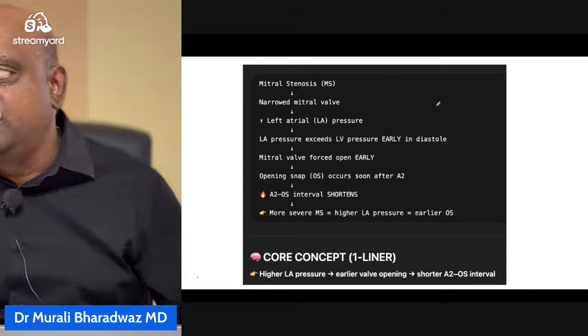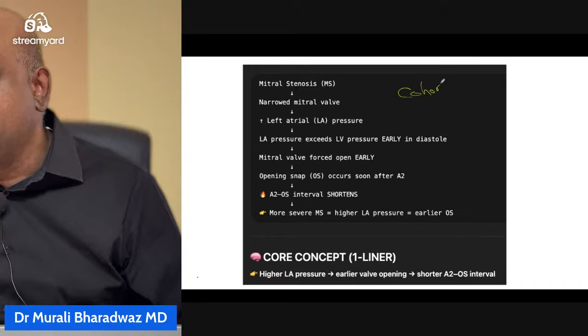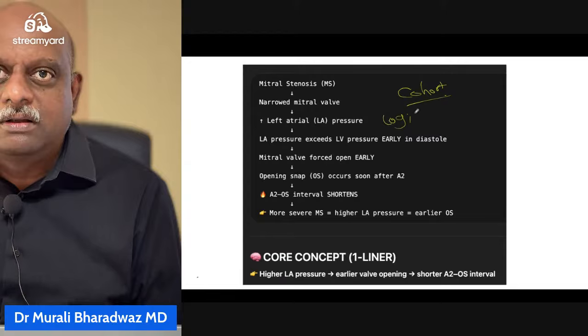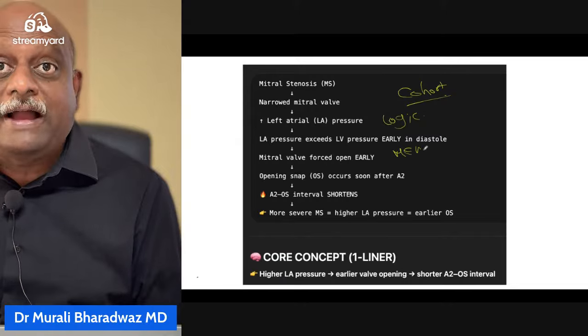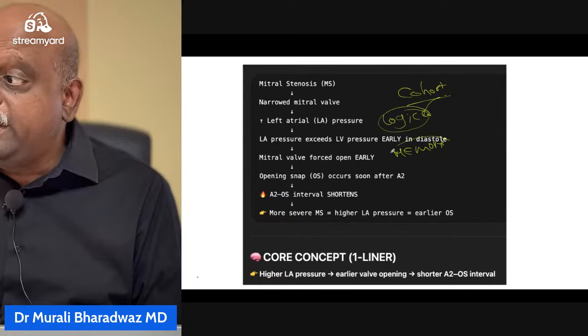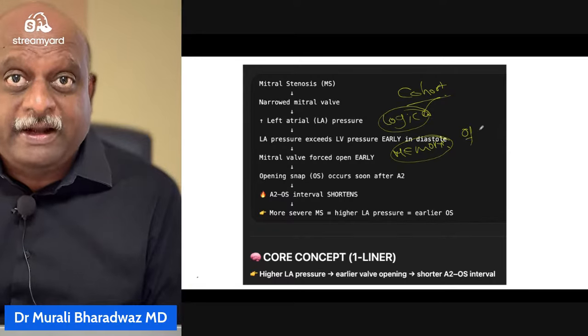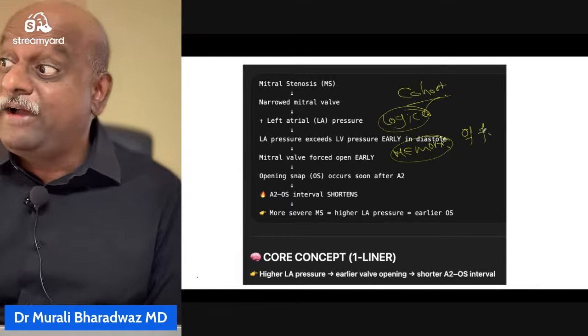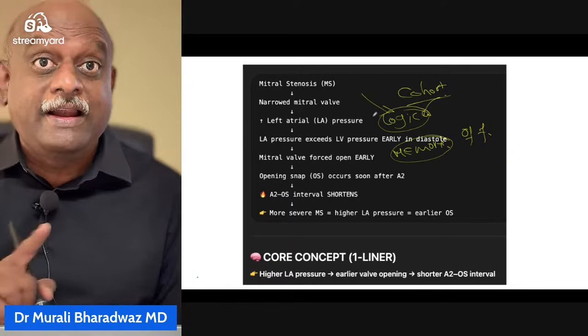What is the meaning of cohort effect? Some will be good in logic. Some will be good in memory of the facts. The one good in logic need not be good in memory of facts. He may forget what is the diameter of the mitral valve. But he can understand why the opening snap occurs and what is the relation between S2 and OS.